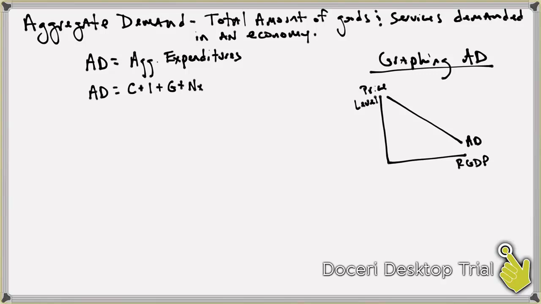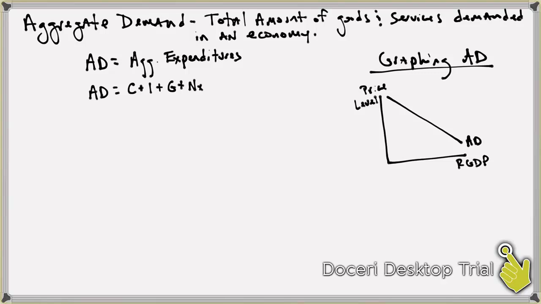So when we graph the aggregate demand curve, we need to know that it looks just like a demand curve, except we label it differently. We label the curve AD for aggregate demand, and we're showing the relationship between the price level in the economy and the real GDP.